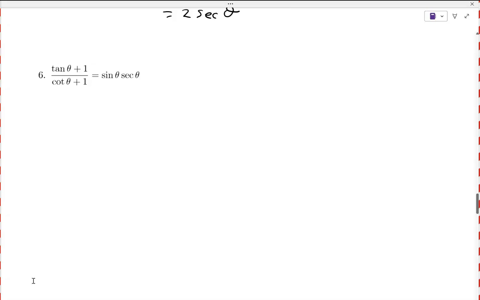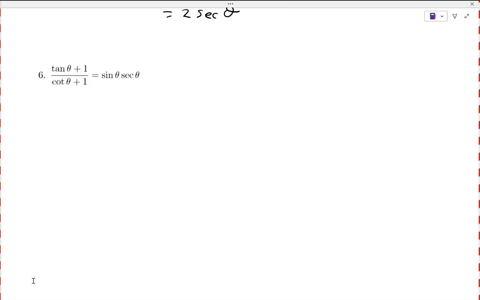We've got tangent of theta plus 1 over cotangent of theta plus 1 equals sine of theta secant of theta. Written kind of strangely, but that's okay.